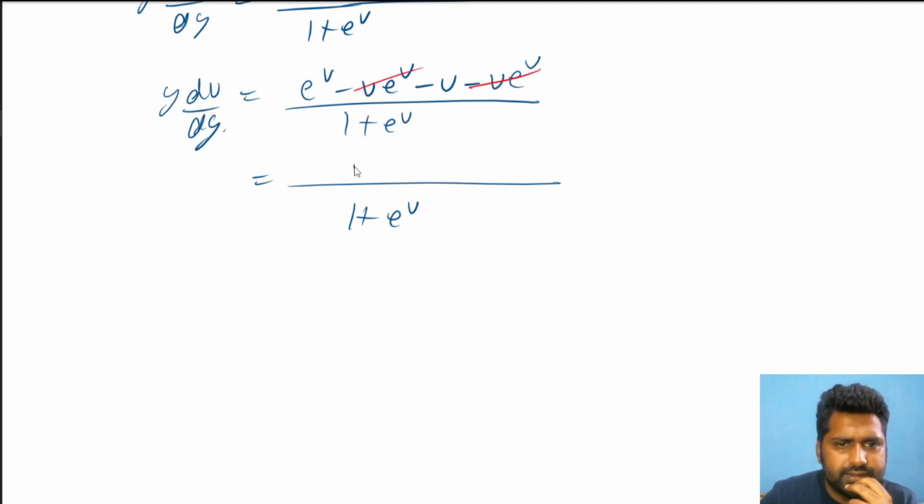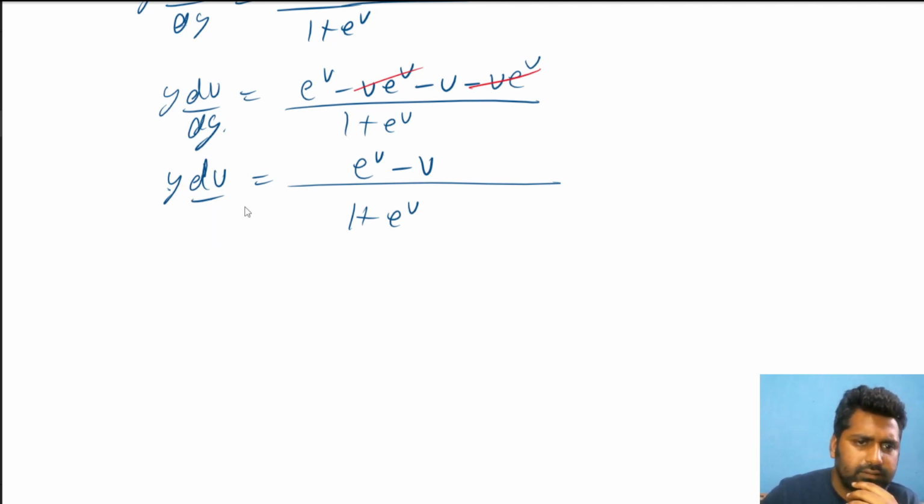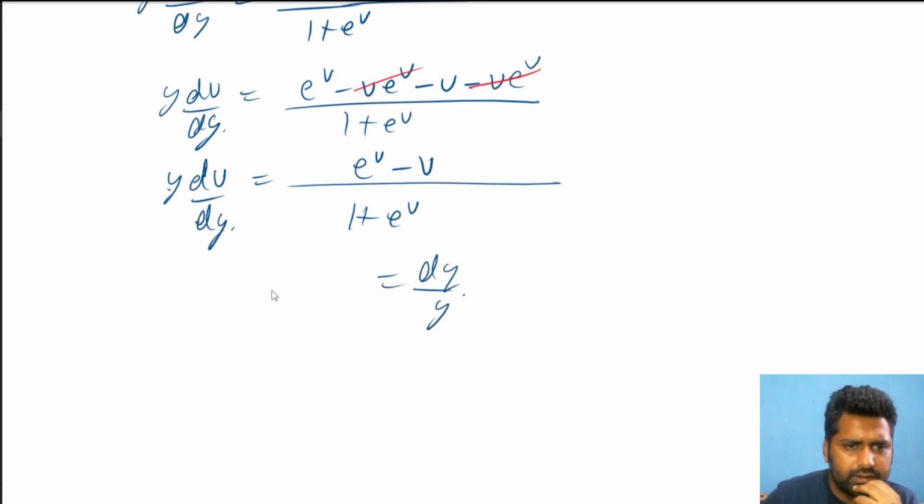So what is left is e raised to power v minus v, that is y dv by dy. So let's generate v terms on one side and dy on the other. After this, always you have to do separating the variables. So dy by y on the right side, dv into 1 plus e raised to power v upon e raised to power v minus v.